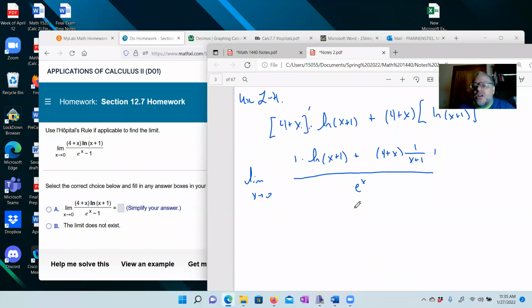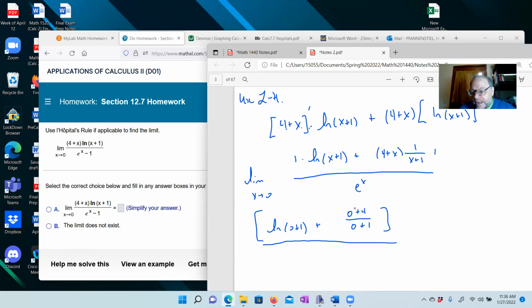All right. So applying the limit, just checking it, we have natural log of 0 plus 1, plus then we have 0 plus 4, because x is 0, divided by 0 plus 1. This is not 0, okay? It's 4 plus 0 over 0 plus 1 here, because we're applying our limit.